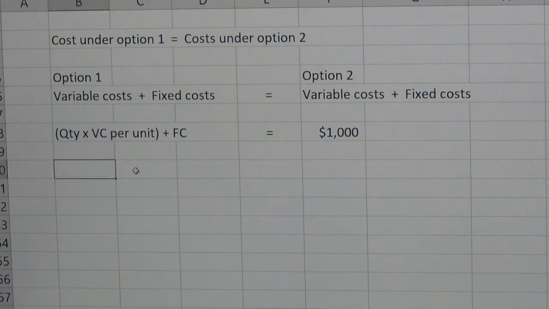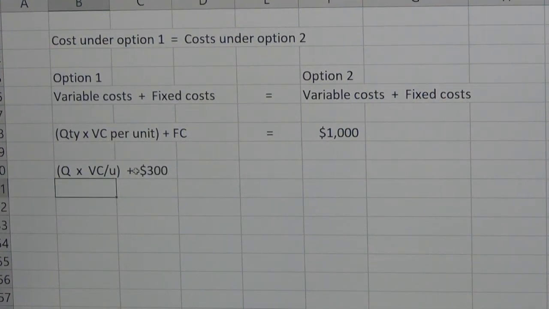So what do we know? I'm going to get rid of the QTY and just put a Q: quantity times VC per unit, plus the fixed costs of $300. So how can we solve for this so that we know that they're really the same?